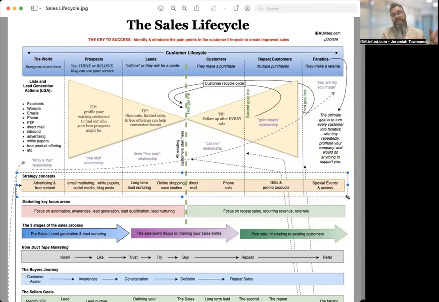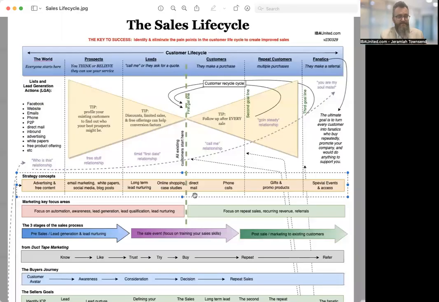And notice that the promotional clothing, the gifts, the special events and the special access, all of that is specifically geared at increasing your visibility and increasing your relationship with the buyers. That's exactly what it's geared towards.